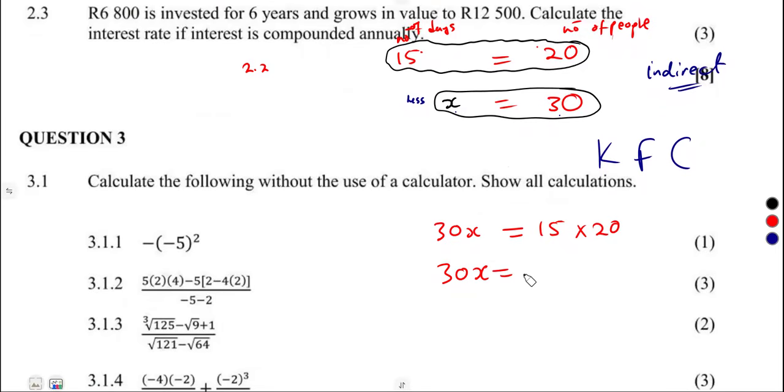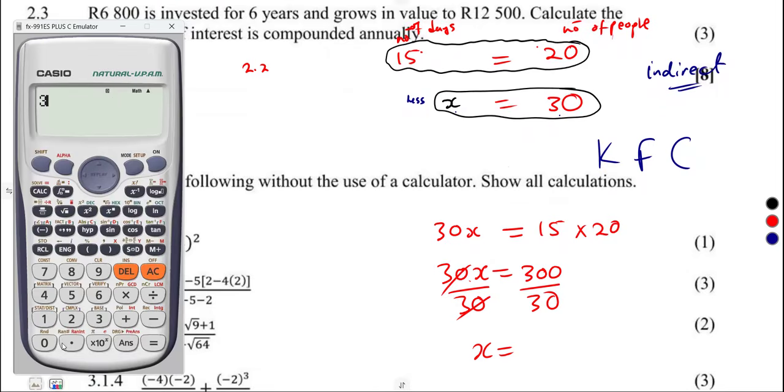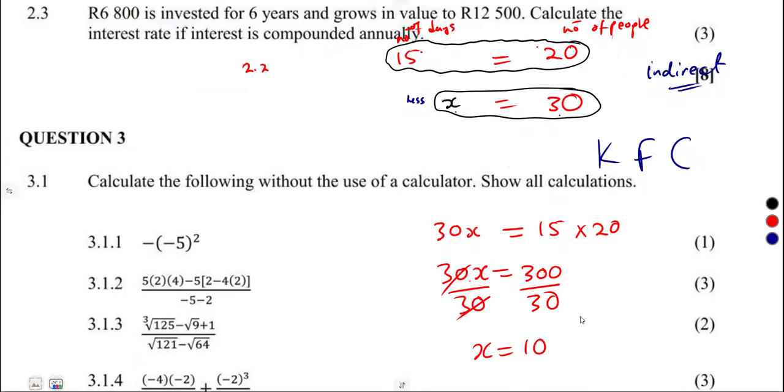That is going to give us 300. So divide by 30. Since we have a product here, we find the value of X, and that is going to give us 10. You can even use a calculator here. 300 divided by 30 is 10. So X represents the number of days. So it's 10 days.